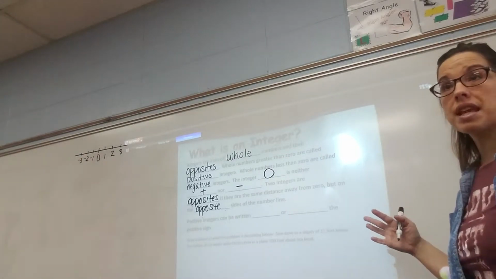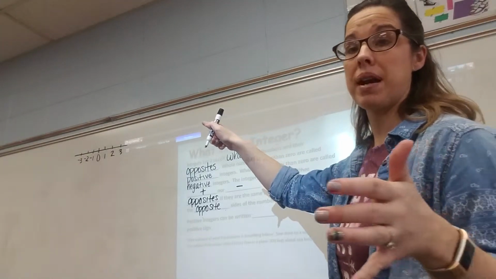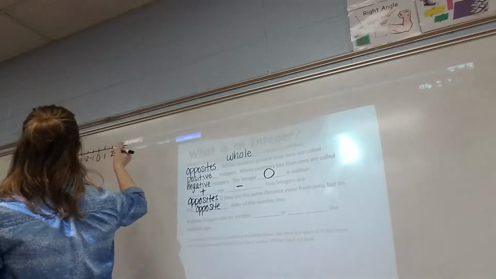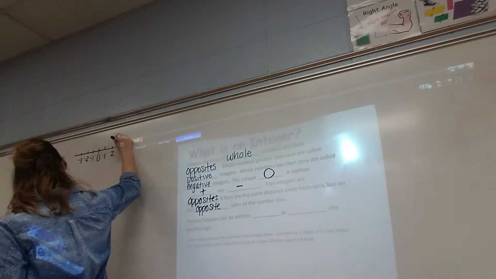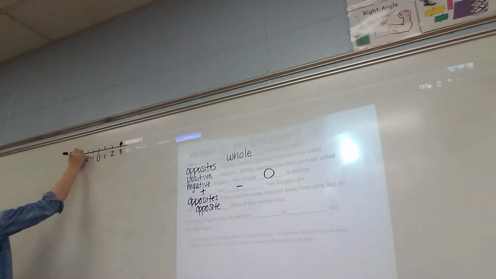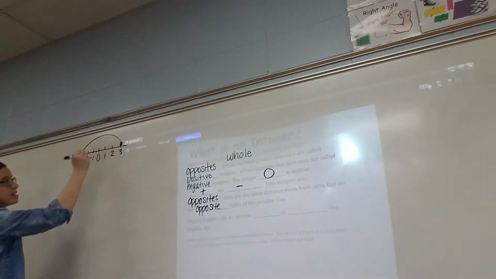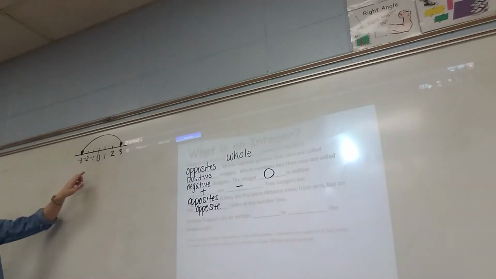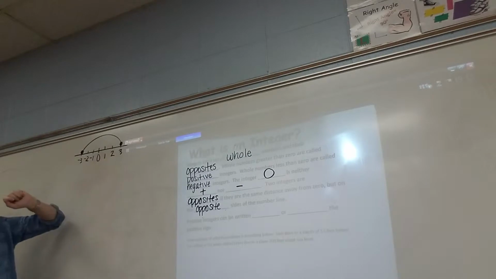So I'm going to show you an example. Look at our number line we drew up here. Okay? If I have 3, what is its opposite? Levi? Negative 3.